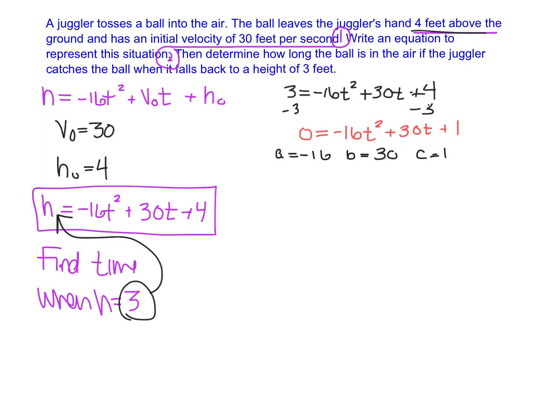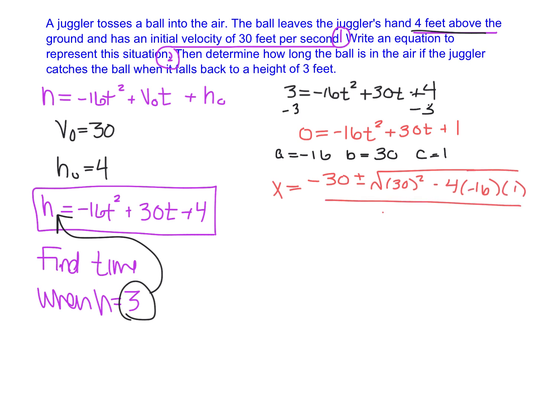So here I take x equals negative b, which is negative 30, plus or minus the square root of b squared, so 30 squared, minus 4 times negative 16 times c, which is 1, all over 2 times negative 16.